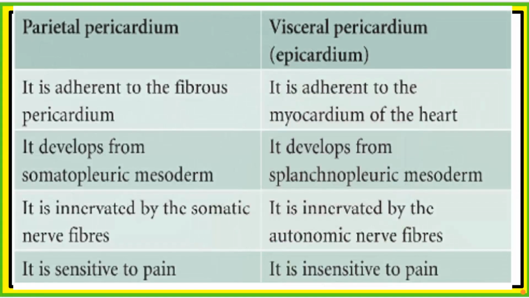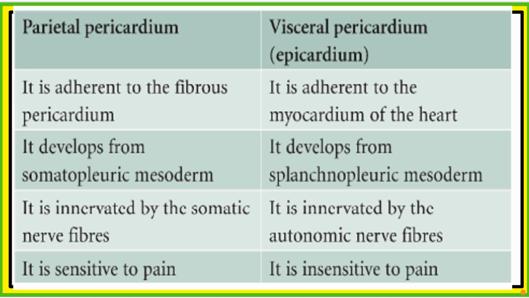There are some differences and similarities between the parietal pericardium and the visceral pericardium. Now, the parietal pericardium is adherent to the fibrous pericardium, while the visceral pericardium is adherent to the myocardium of the heart. The parietal pericardium also develops from the somatopleuric mesoderm, while the visceral pericardium develops from the splanchnopleuric mesoderm.